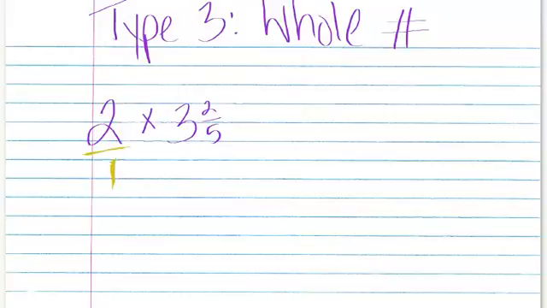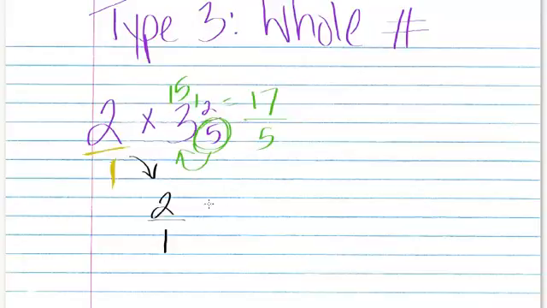We go around the world. 5 times 3 is 15, plus 2 is 17, and we keep the bottom number the same. So my problem is now 2 over 1, which I got from over here, times 17 over 5.